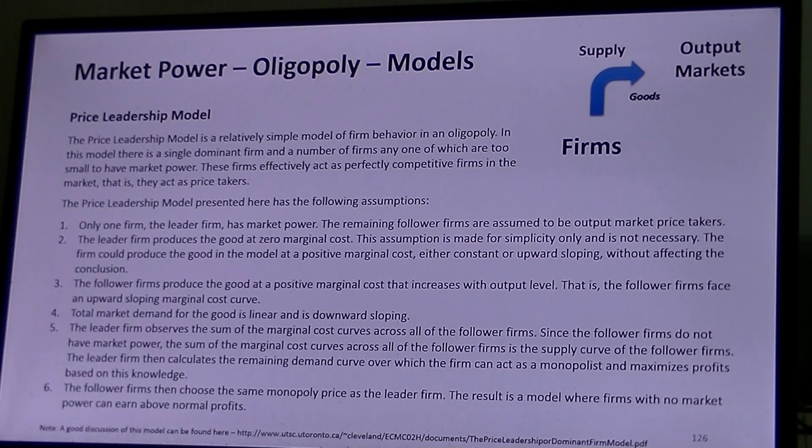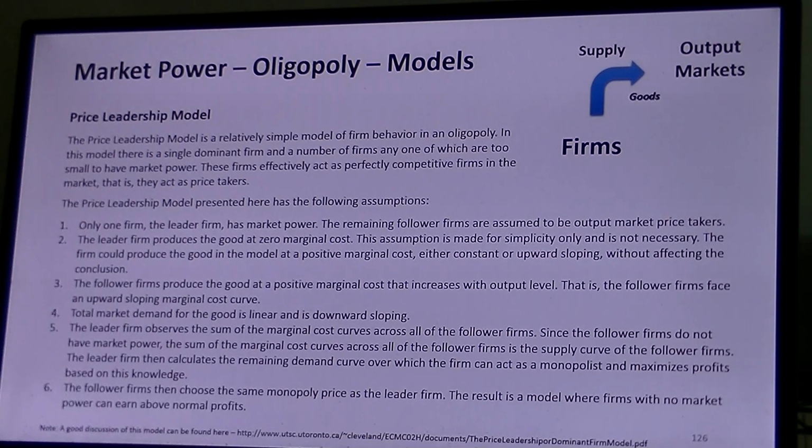This is going to be similar to that, except that there's going to be a dominant firm and then a number of firms that do not have market power. So it's not quite an oligopoly, but it's not a monopoly either. It's a little bit in between.